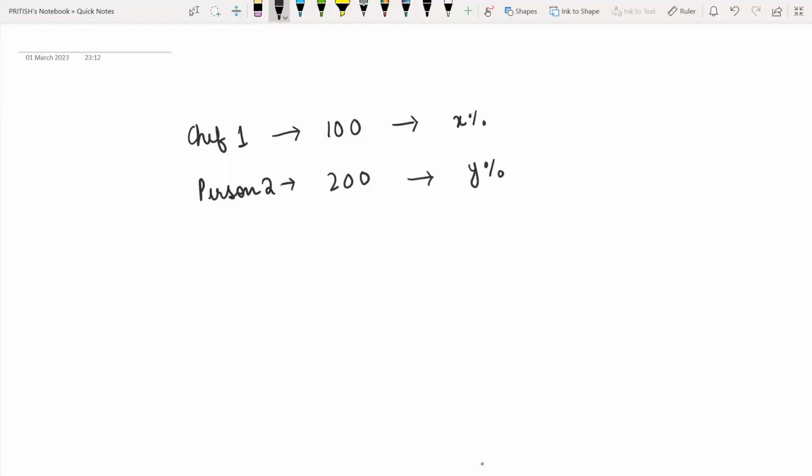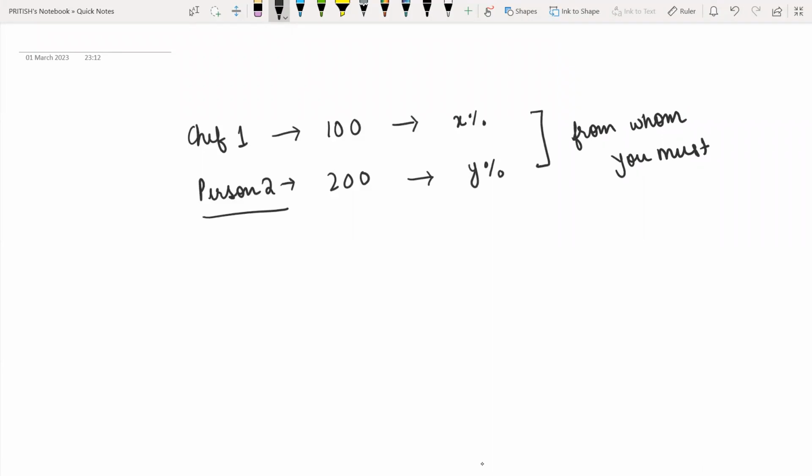So from whom must you buy the product? Obviously you will buy from the person whose rate is cheaper.